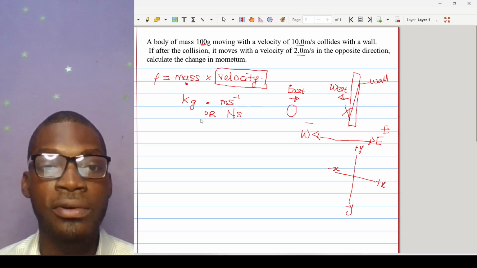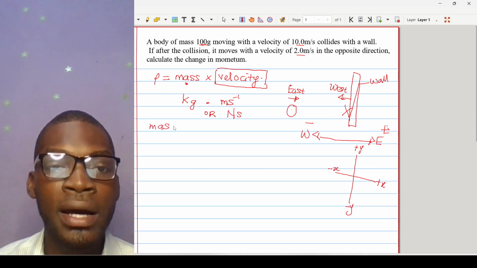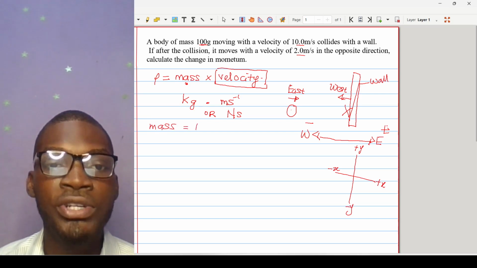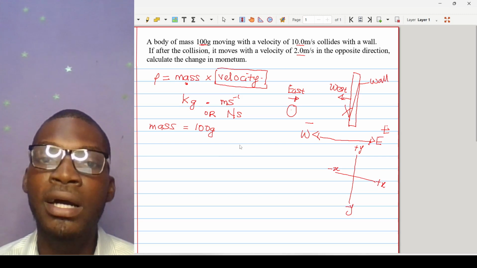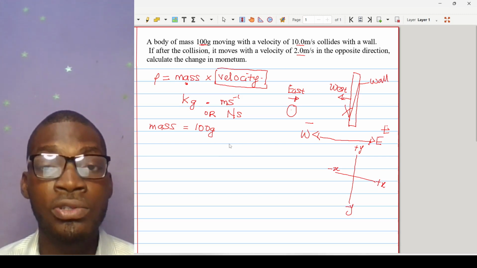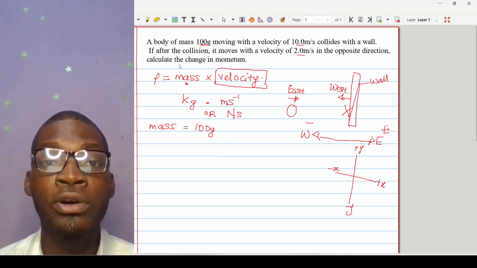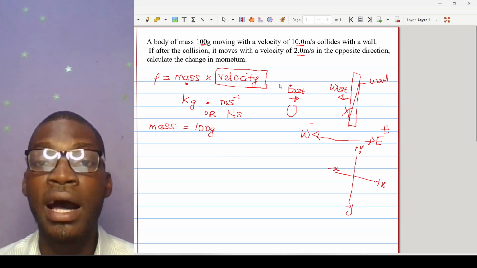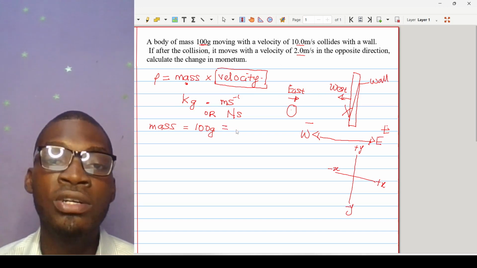in either kilograms meters per second or newtons second. So our parameters, quickly: we have our mass given in the question as 100 grams. One thing I'm going to point out: when you have grams in the question, except on an occasion where the options are in terms of grams, the right thing is to change the grams into kilograms. So how do we change 100 grams into kilograms?